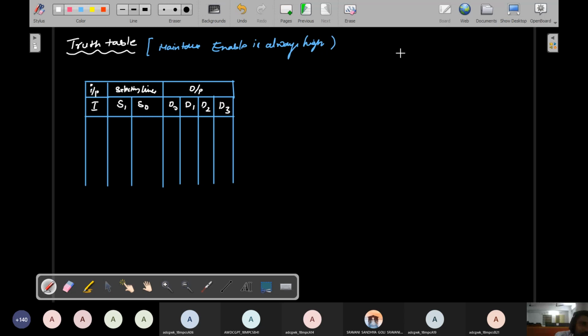If you are given 4 output lines, and you consider 2 input selecting lines, that means we have 4 possibilities.